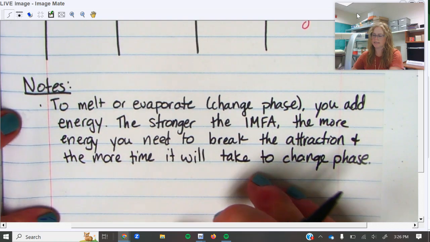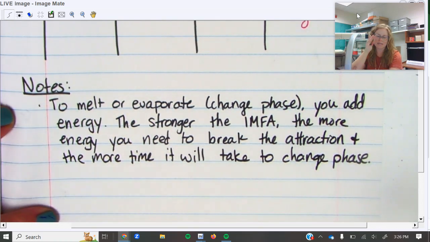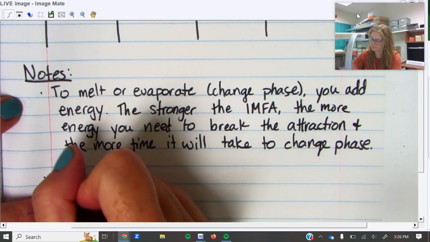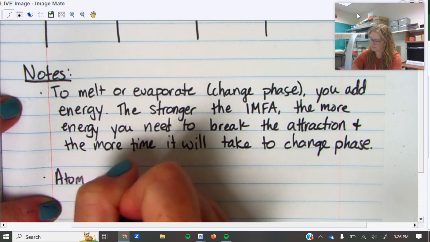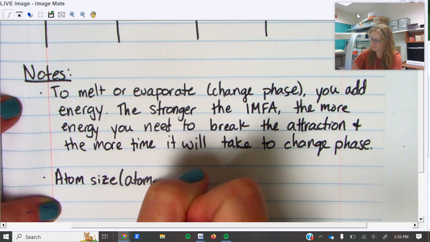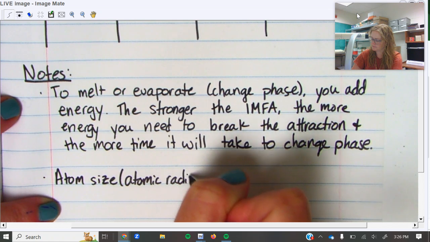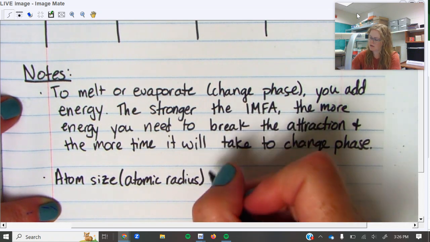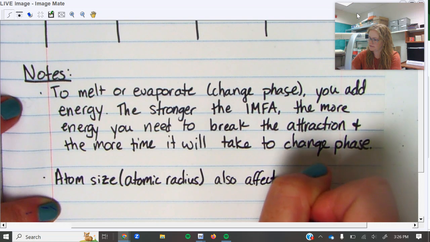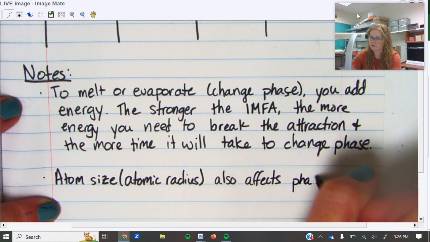The other thing that accounts for this is that atom size also plays a role. Remember, that's atomic radius. Also affects phase.